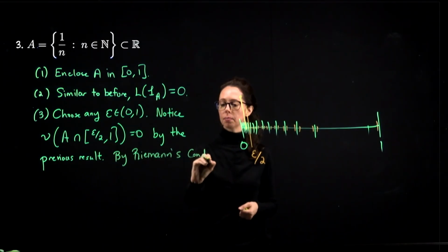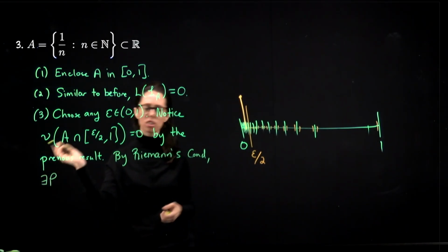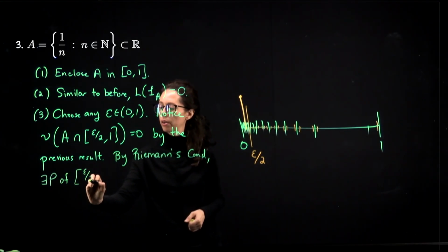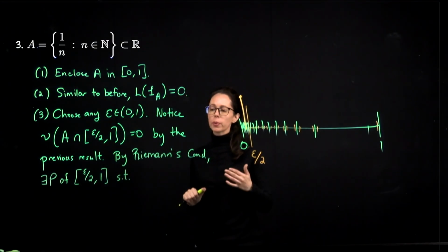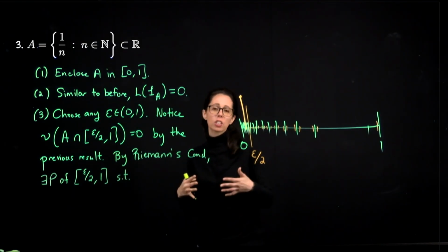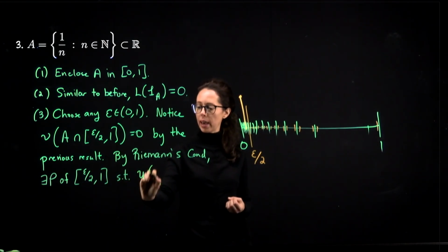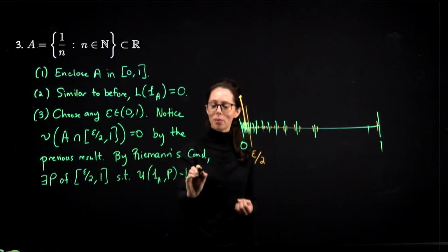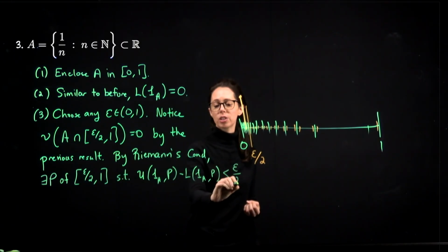So by Riemann's condition for integrability, there exists a partition P of epsilon over 2 to 1, so that the gap between the upper sum and the lower sum of the characteristic function with respect to this partition is as small as you like. So I'm going to say design the partition so that the gap between the upper sum and the lower sum is less than epsilon over 2.